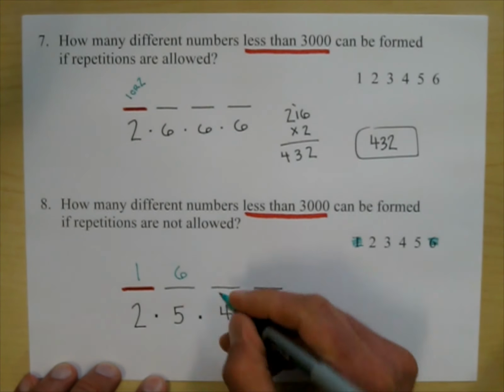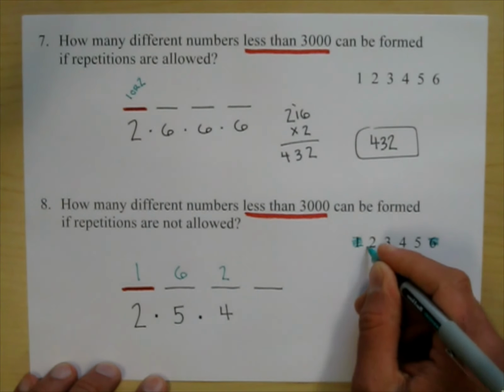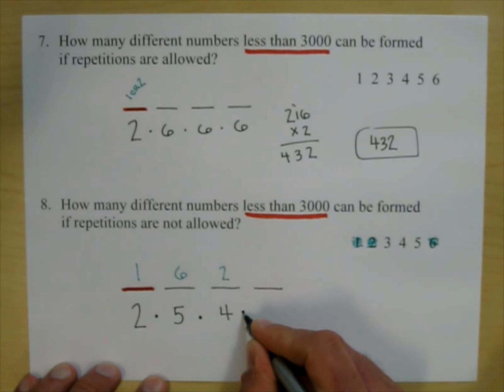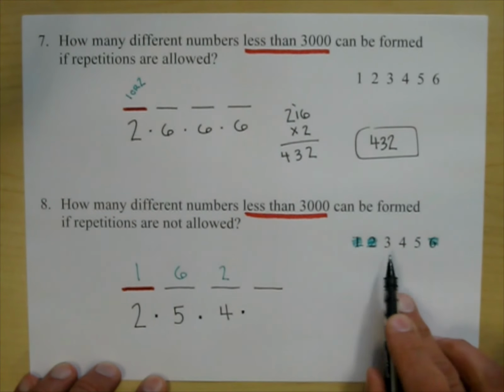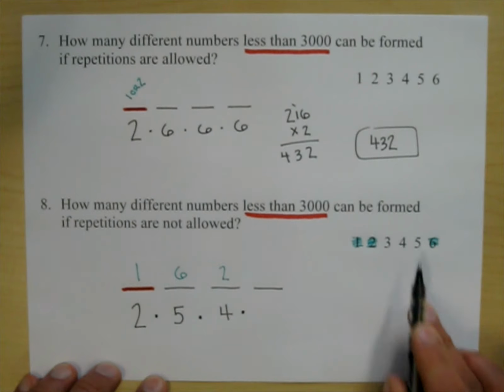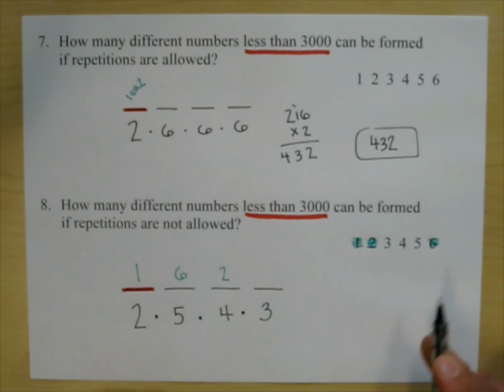What do I want to put there? I'll put a 2 there. And how many choices do I have for this fourth slot? I have 3 choices. 1, 2, 3. So I'll just put a 5 there.